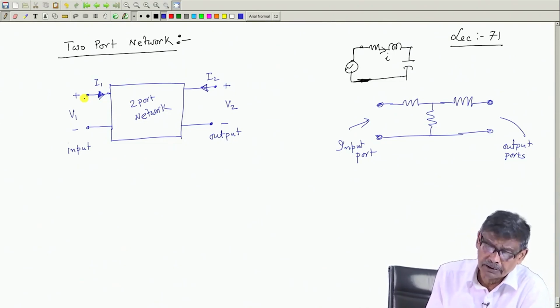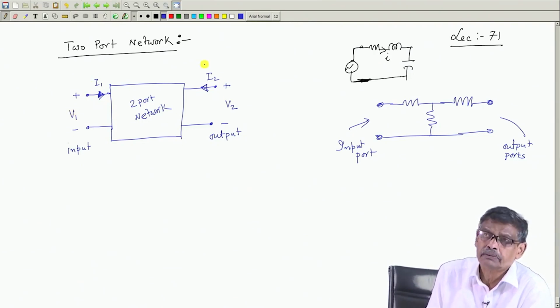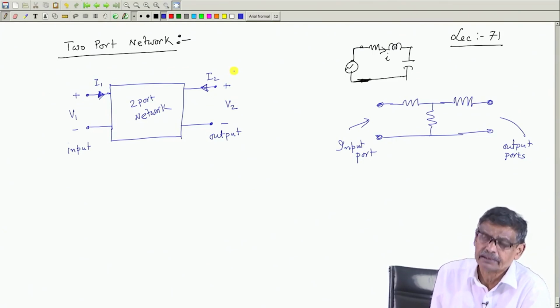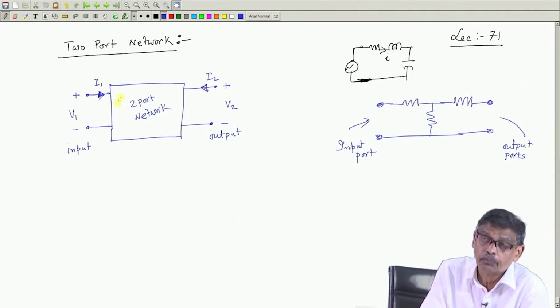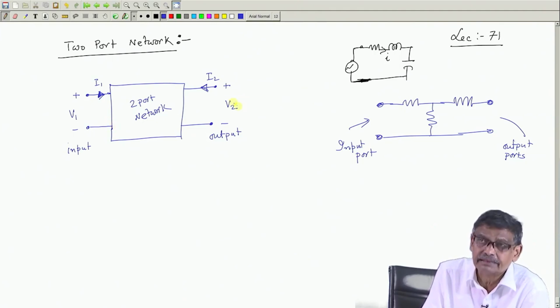And also remember, although I am writing V1, I1, V2, I2, they may be V1s, I1s, V2s, I2s. This s I will not continue to write, and the impedances inside this two port network can be resistances or several impedances connected. They may be Z1s, Z2s, etc. So we will not go on writing s.